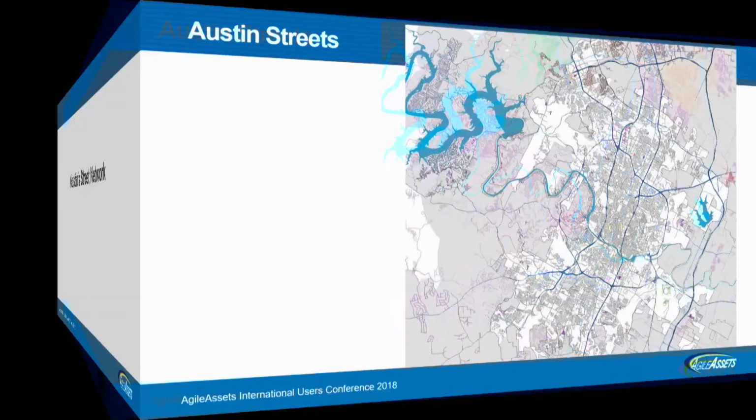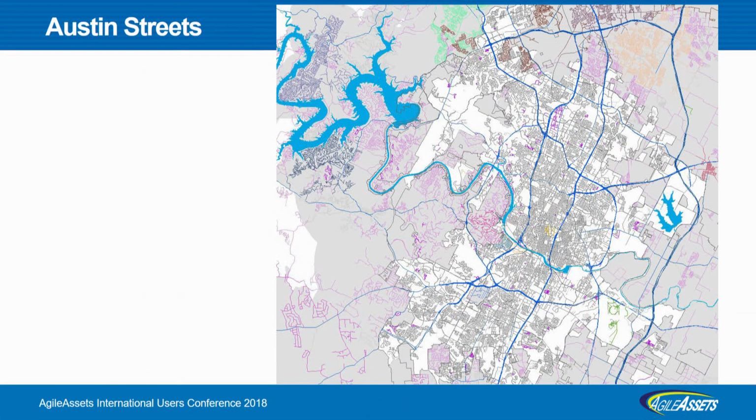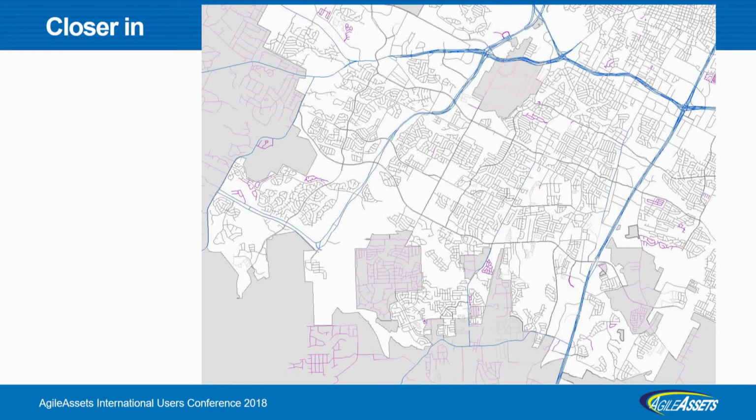So with all of that in play, those are our major motivations for this concept. To talk about the Austin street network a little, here's the 30,000 foot view, which you can't see very well, but we'll zoom in so you can get a little idea.